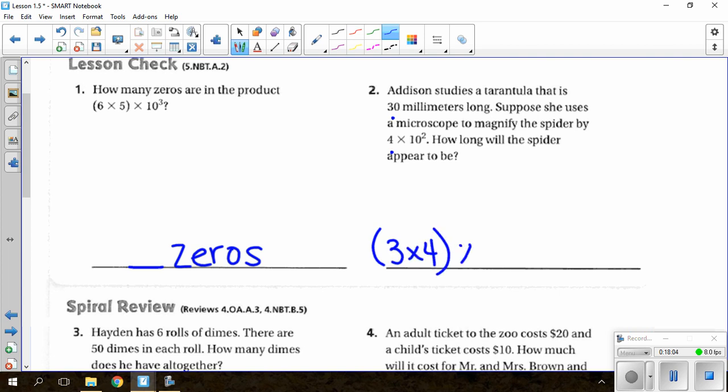And then I'm going to multiply it by 10 to the 3rd power, because when I have the original length of 30 millimeters, there was a 0 in the 30, and then when I'm magnifying it, I have it times 10 to the 2nd power. So there's going to be a total of 3 zeros that I need to make sure that I'm working with. So to solve number 2, I'm taking 3 times 4 times 10 to the 3rd power. And that'll give you the number of millimeters that tarantula would appear to be.